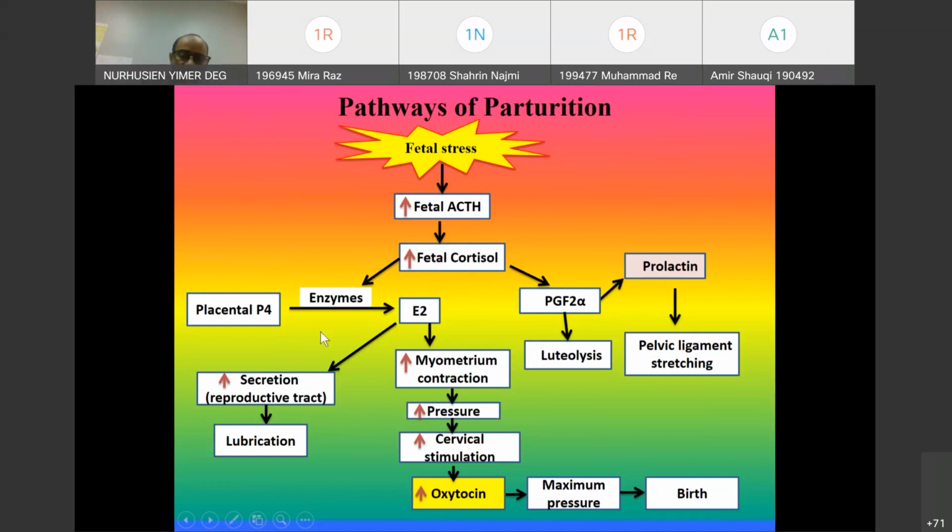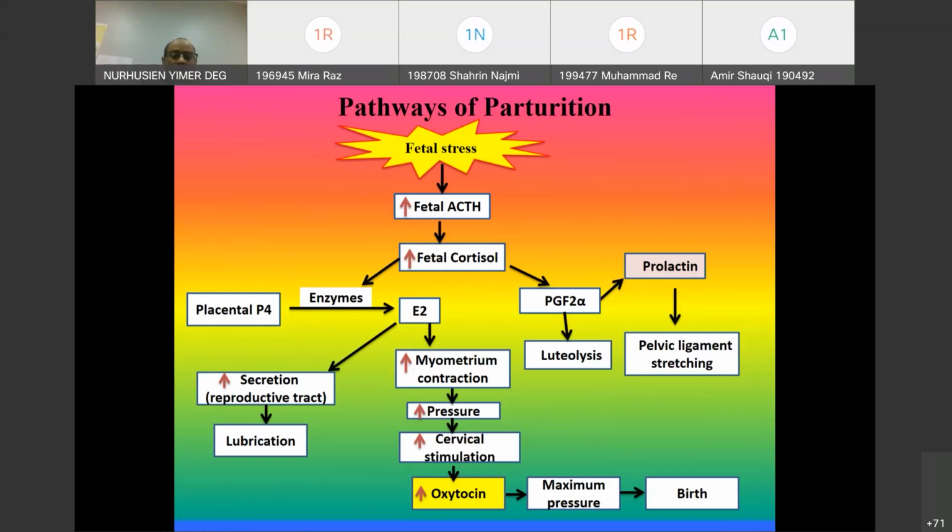On one hand, it will induce the conversion of the existing progesterone circulating in the blood. Remember that the pregnancy is maintained by the progesterone hormone, which comes from the corpus luteum of the ovary of the dam, right? So we have this circulating progesterone level, which is high in amount to maintain the pregnancy.